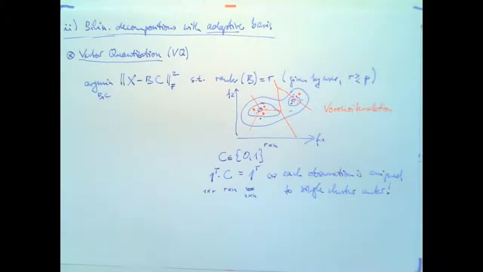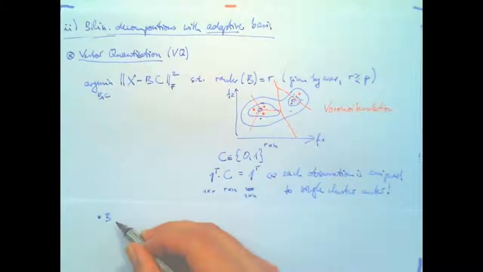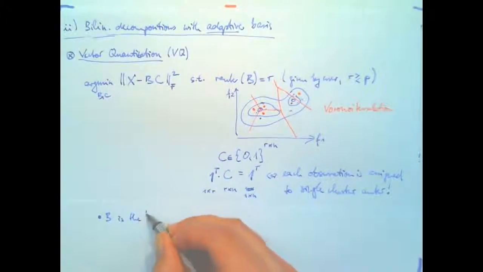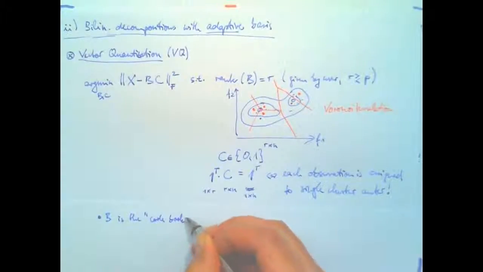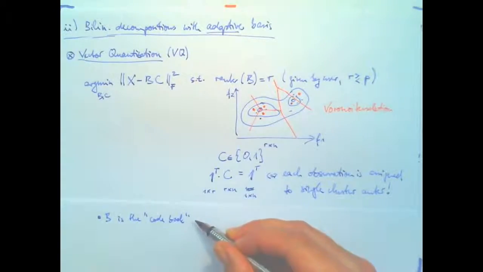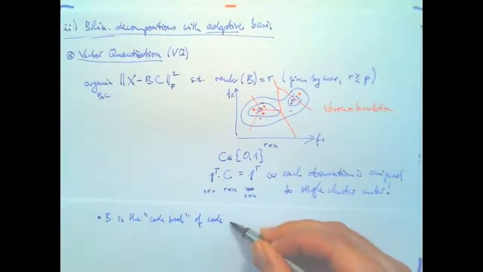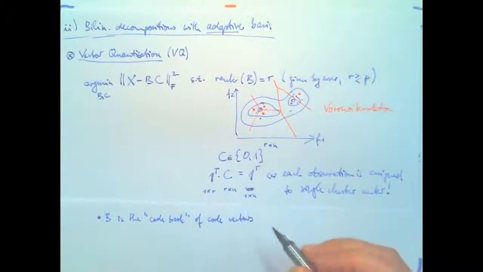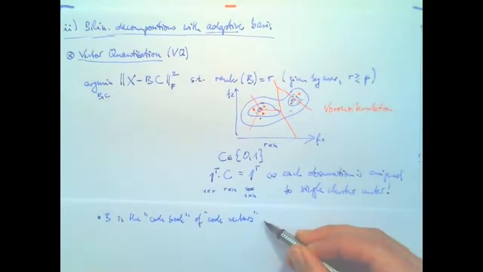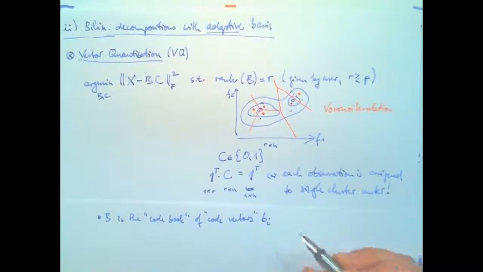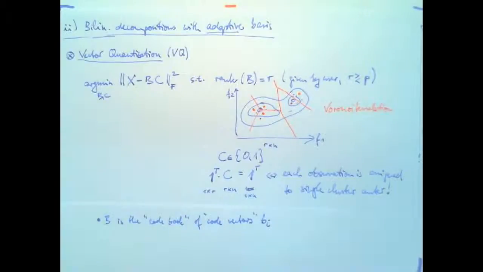And then to have a bit of terminology, the collection B of all code vectors, or of all basis functions, is called the code book, which you need to decipher the message on the other end of the line. So in this example, I could number these code vectors.